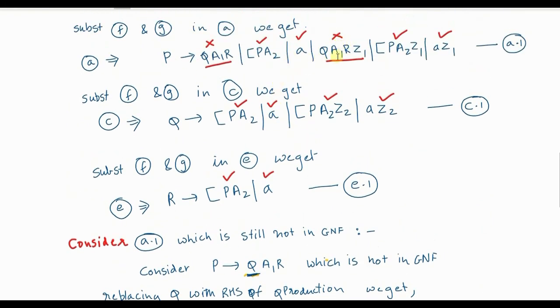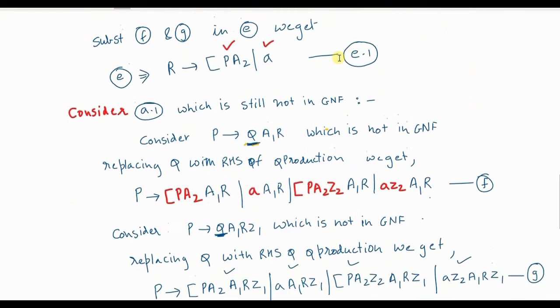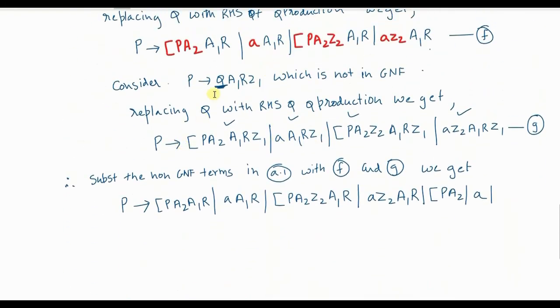But the next term here was also not in GNF. So in this place, I am going to replace the production that you get, QA1RZ1. QA1RZ1 was not in GNF, so it was replaced with all these terms. So all these terms I am going to write. The first term here, I am just going to write whatever is there in G now. So PA2 A1 RZ1.